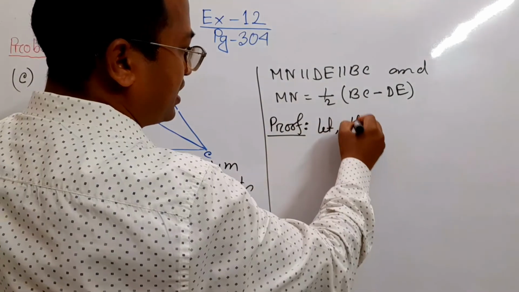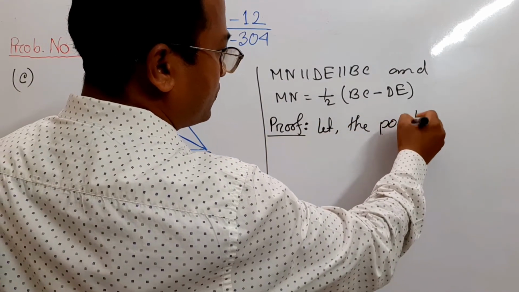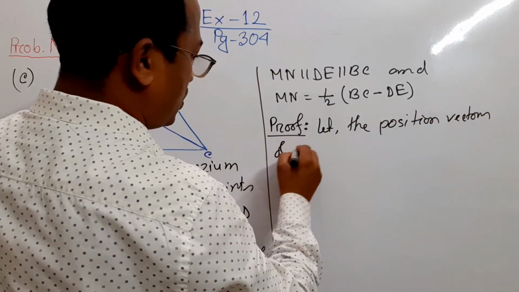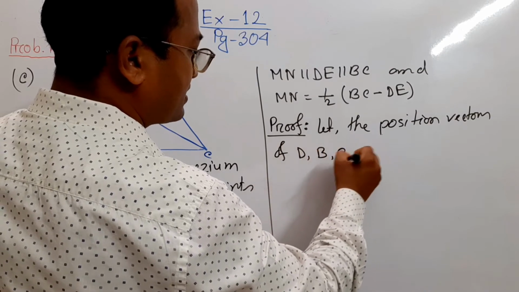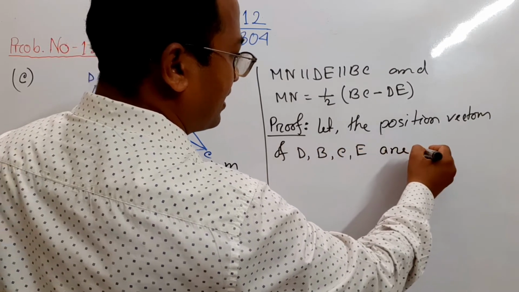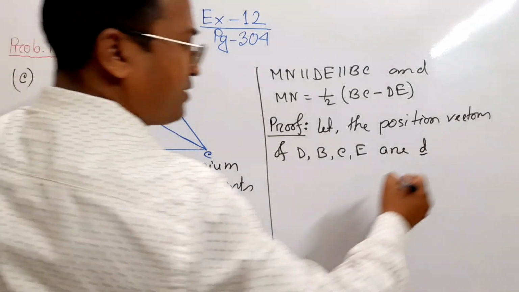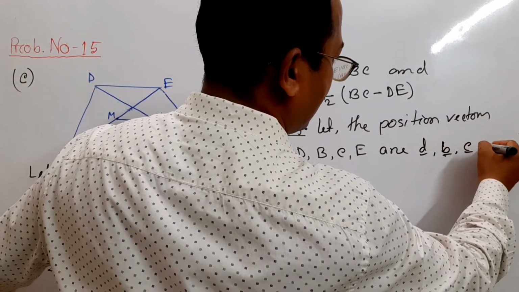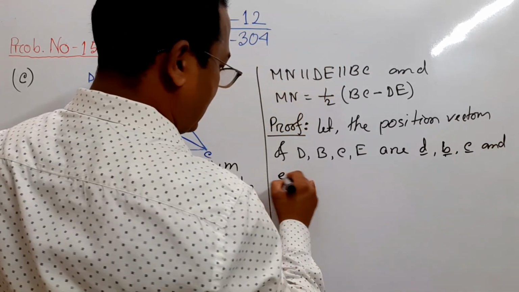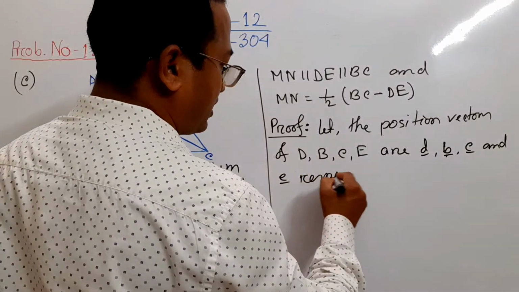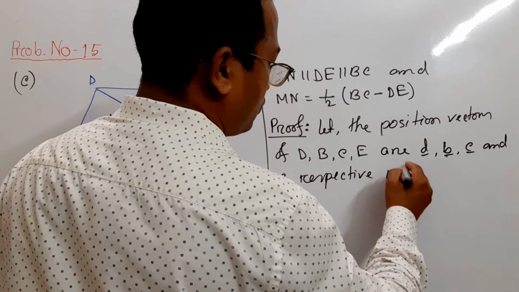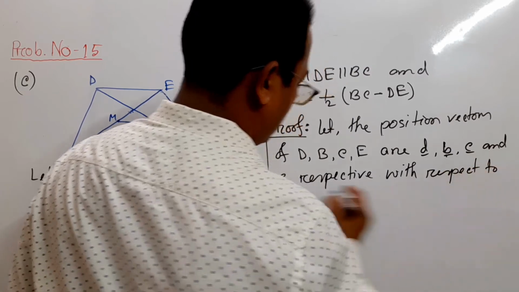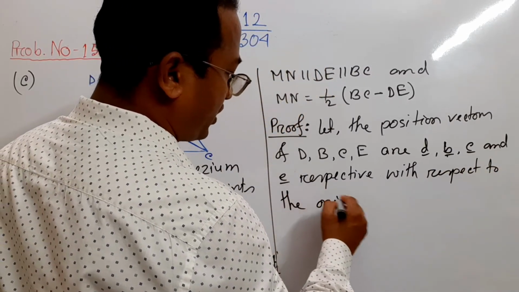Let the position vectors of D, B, C, E be d, b, c and e respectively with respect to the origin.